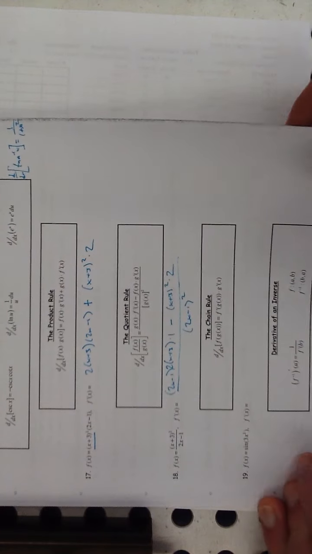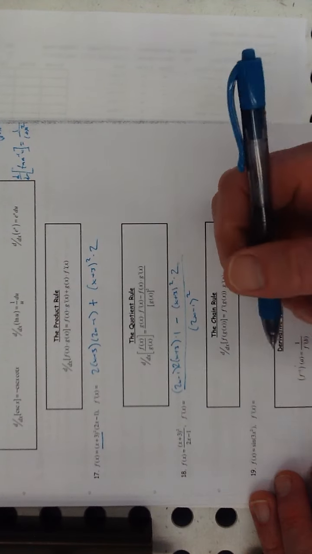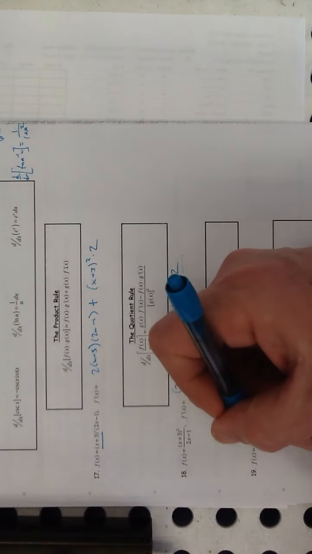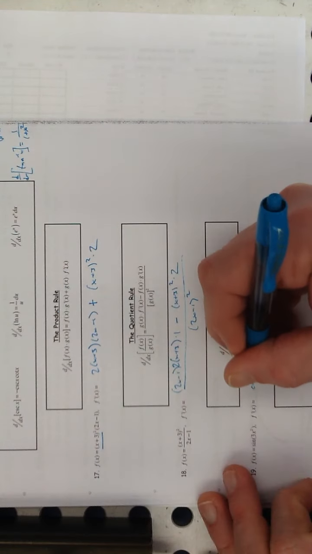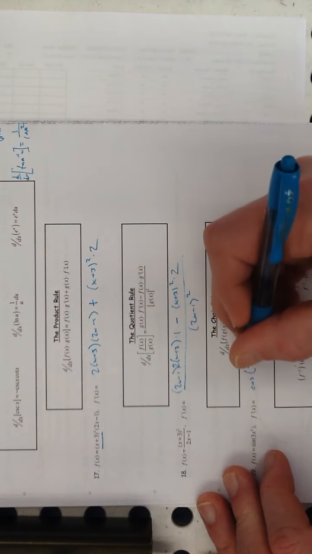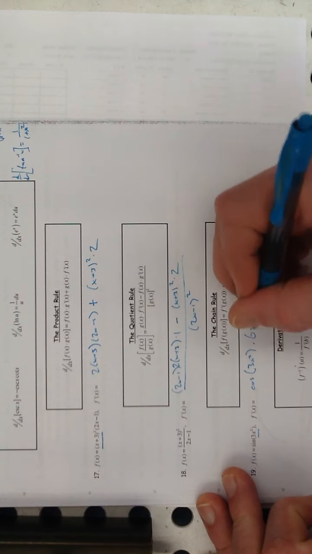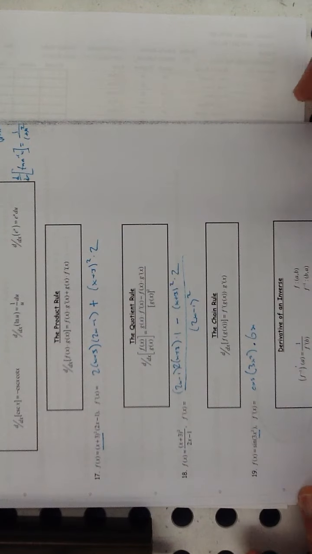Want to simplify? Probably not too much that you can even do to that. Chain rule: the derivative of sine of whatever's behind there is cosine of whatever times the derivative of what's inside. Right?